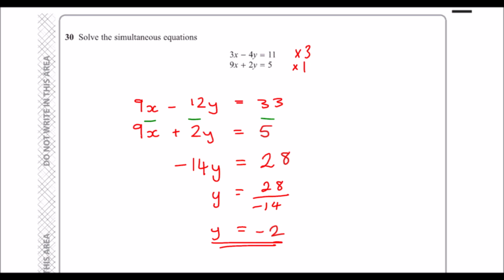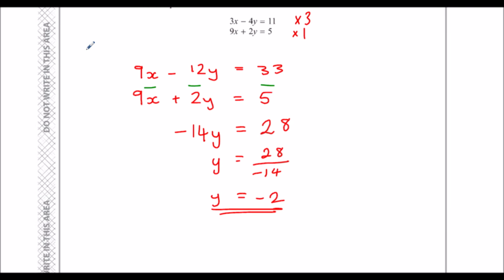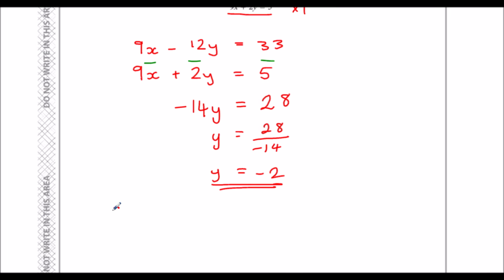I need to find x still. So I'm going to substitute this into one of my top equations. So let's use this one here. Let's use 9x plus 2y equals 5.